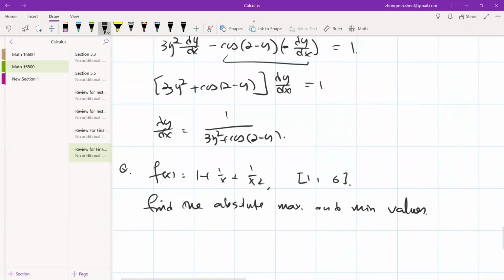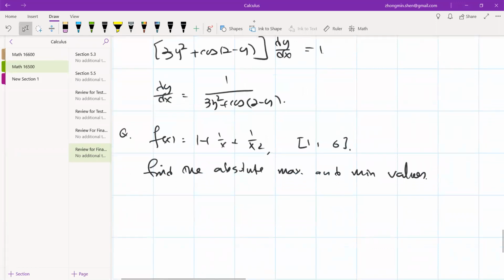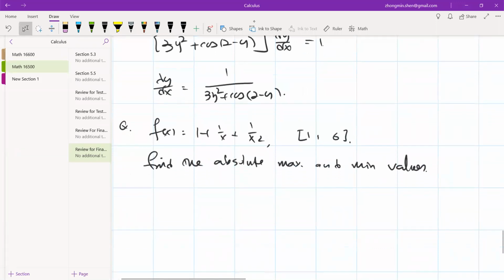All right, so first of all, this is a continuous function. Right? It's a continuous function. Then the maximum value of the function could be the value at the critical numbers, or the value at the endpoints. So what we have to do is find the critical numbers.